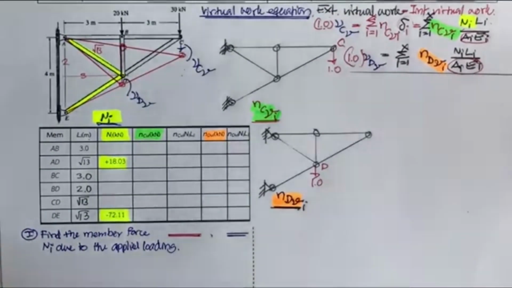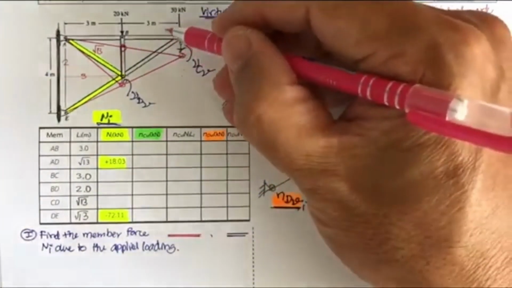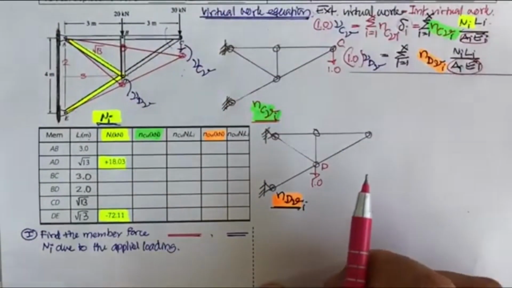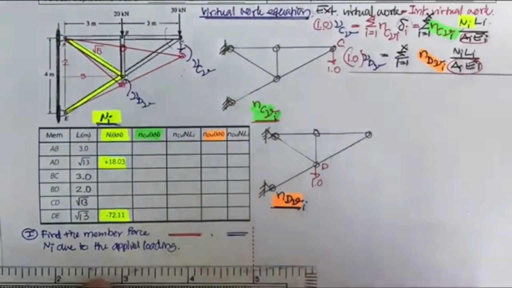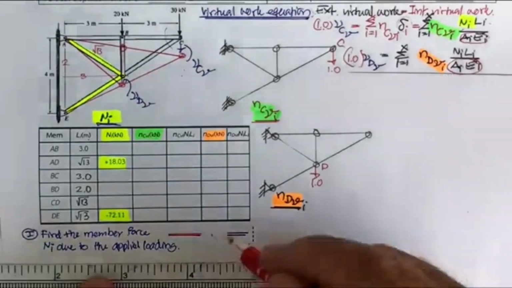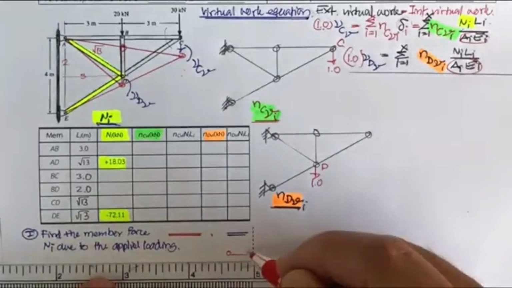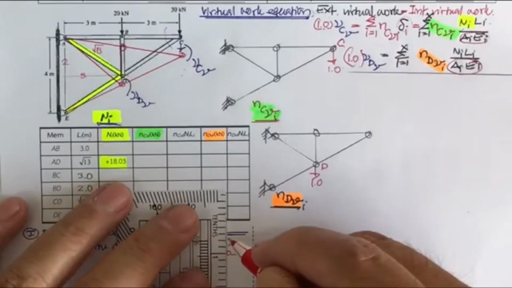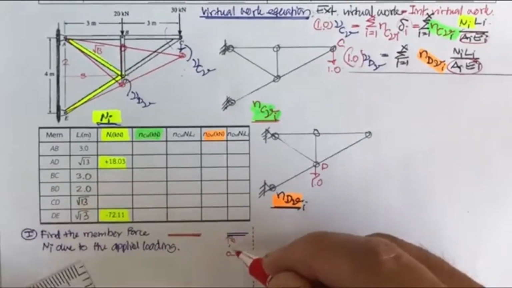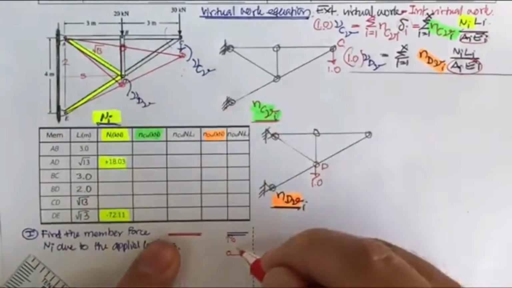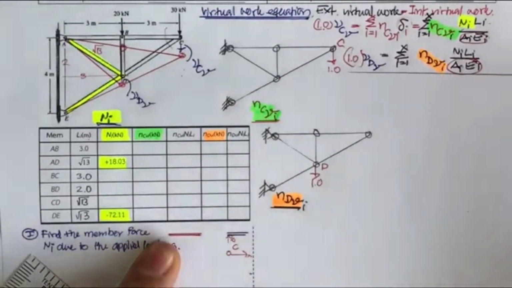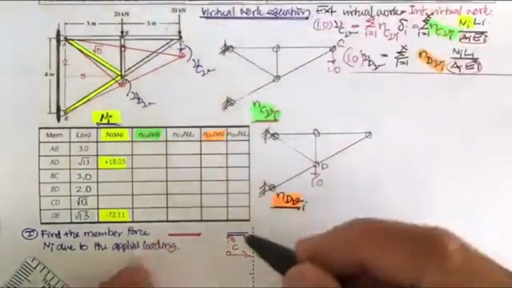Let me first use the method of joints to cut this. Let me cut point C. Let's put the C here. This is going to be the x-axis, this is going to be the y-axis, and this is going to be C. The C is subjected to what? 30 kilonewtons.